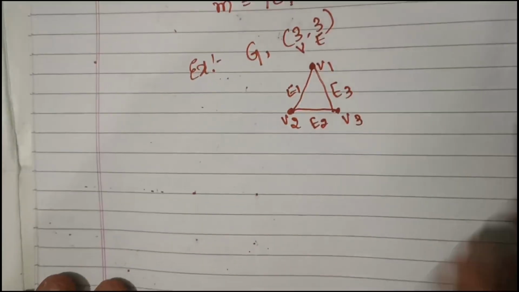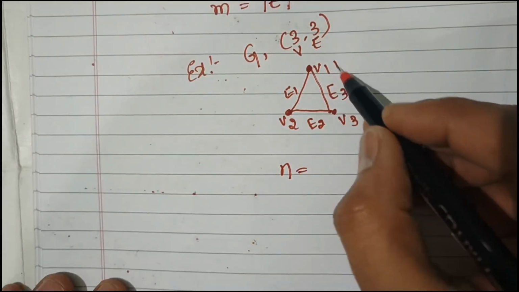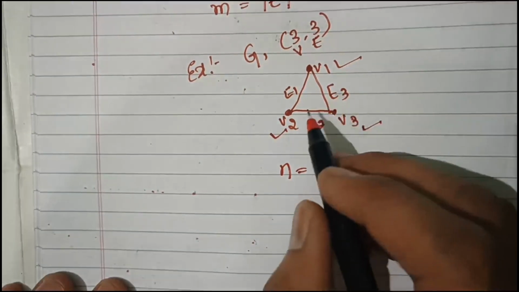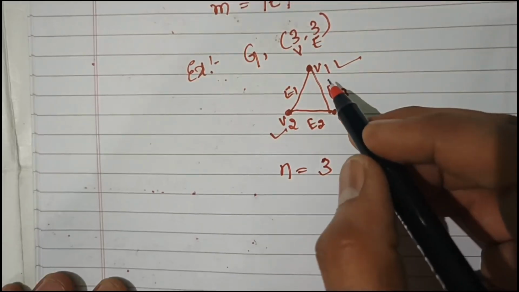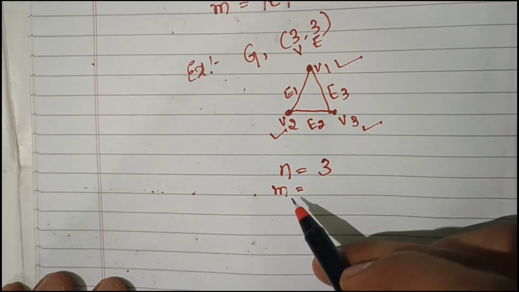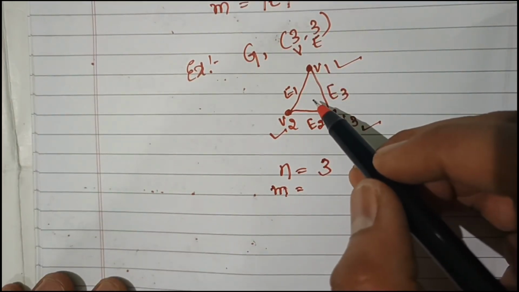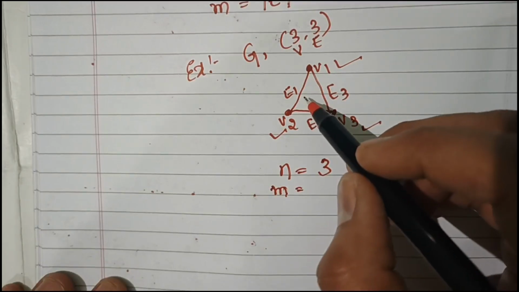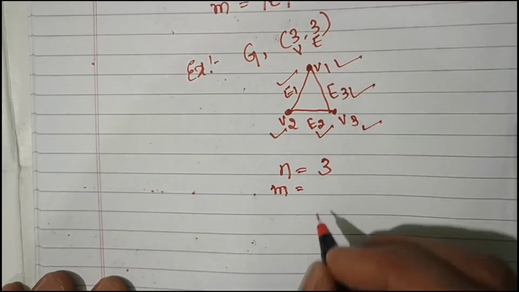The order of the graph is denoted by n. How many vertices are there? 1, 2, 3. So the order of the graph is 3. To find the size of the graph, denoted by small m, we find the edges. How many edges are there? 1, 2 and 3.